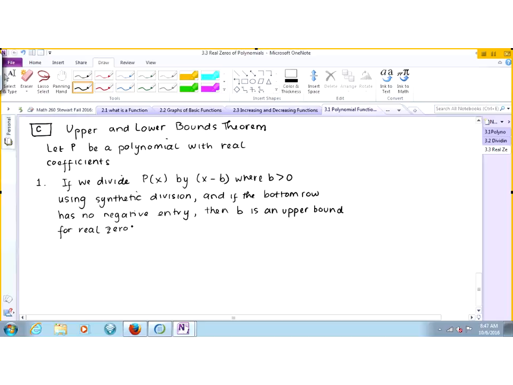Meaning b is the greatest zero. You cannot find any other zeros greater than b. So b must be positive, and the bottom row has no negative entry.